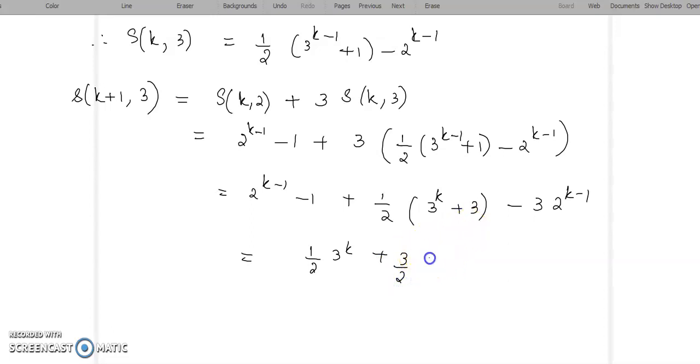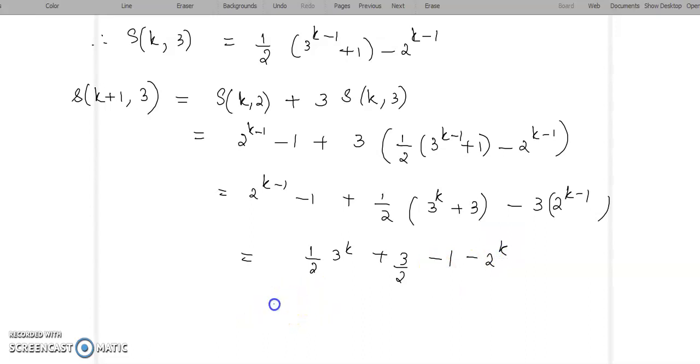Now you have minus 1, then 2 raised to k minus 1 minus 3 into 2 raised to k minus 1. So that will give you minus 2 raised to k.